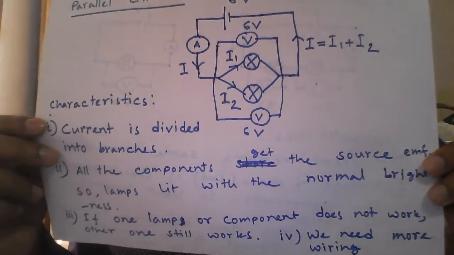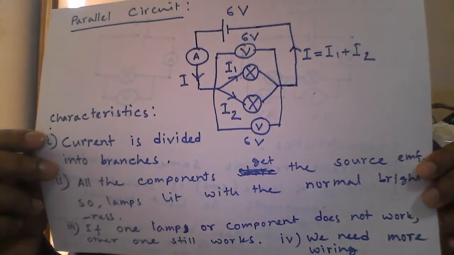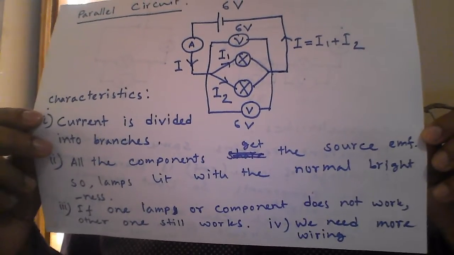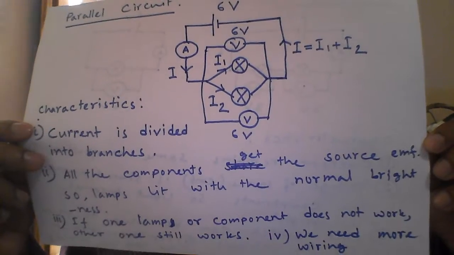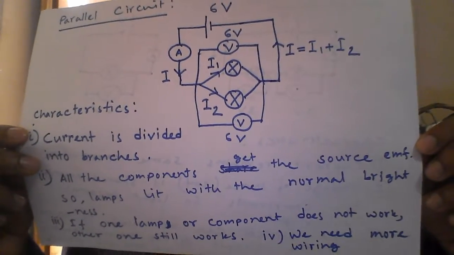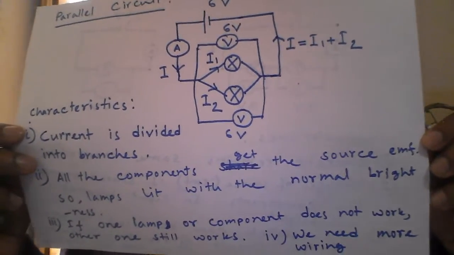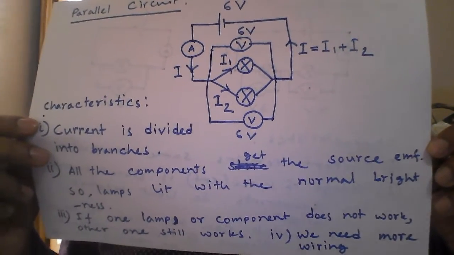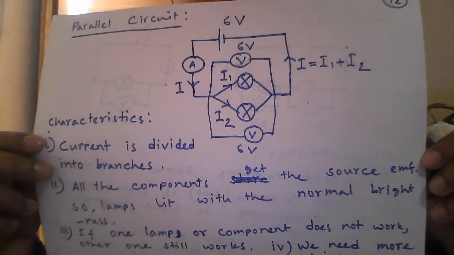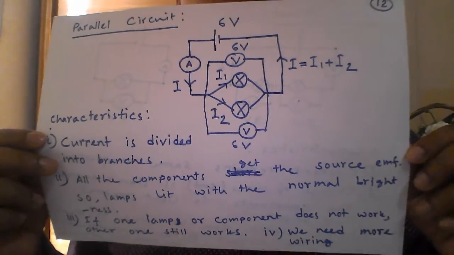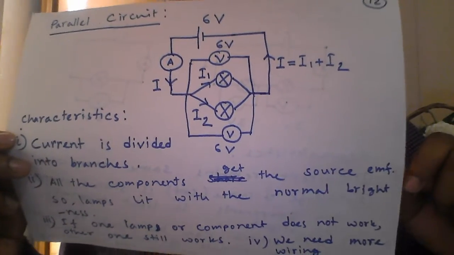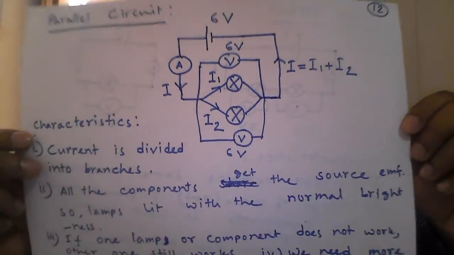And the final point for parallel circuit is we need more wiring in a parallel circuit. Like we have lots of branches here, that's why we need more wires to connect all the components with each other. That's why we need more wiring. So I think you are clear about the characteristics of parallel circuit.